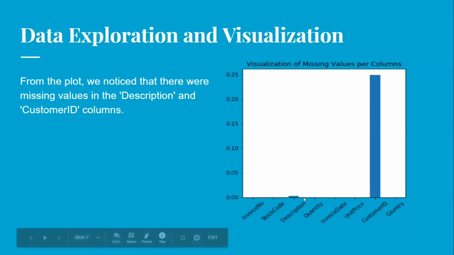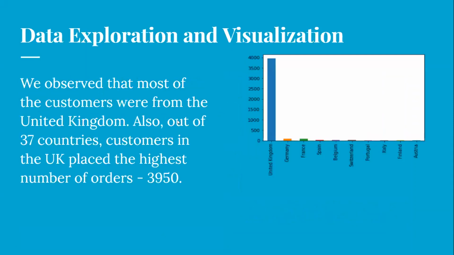So we had to remove them because we could not use this data and it would affect our results. We also explored our data further and found out that the United Kingdom had the most customers, and they bought the highest number of orders.